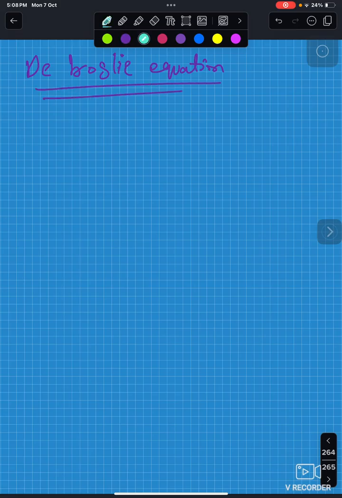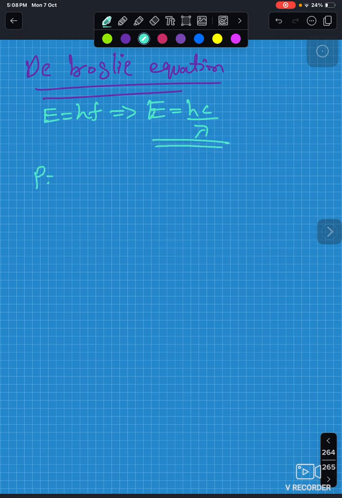The equation of wave, the most famous, which is E equal hf. Then we can simplify this into E equal, this I'm just giving as an example, E equal hc over lambda, and then we also have P is equal to h over lambda, and h is here Planck's constant.